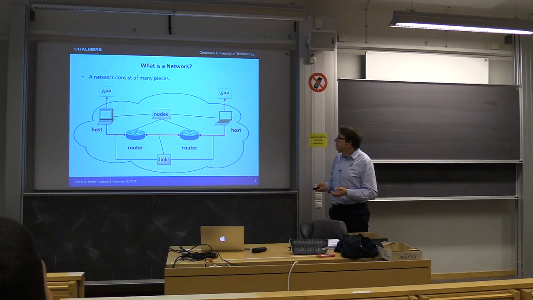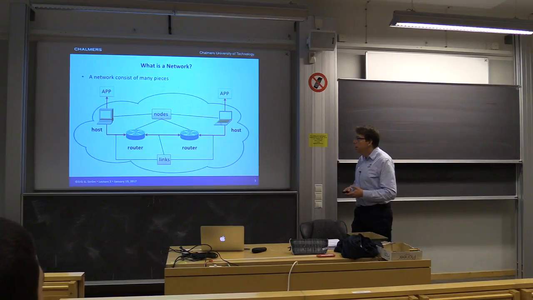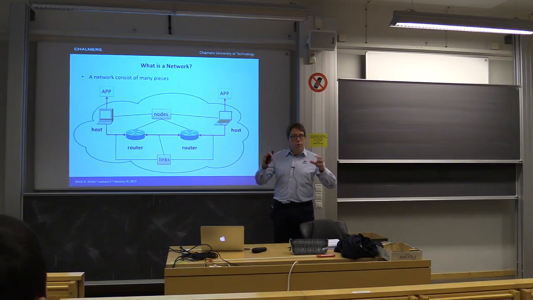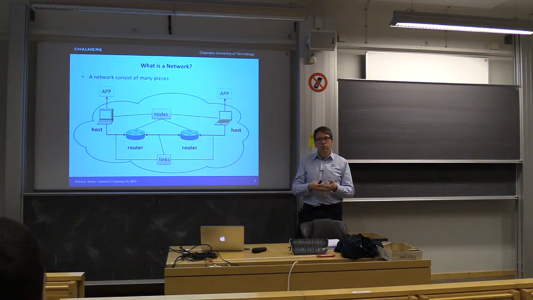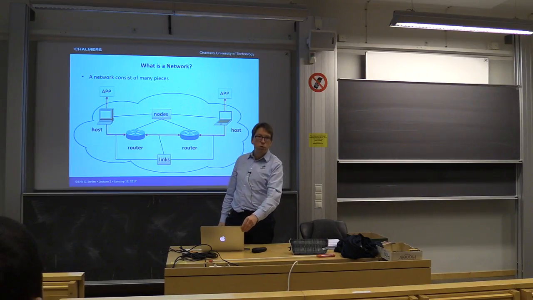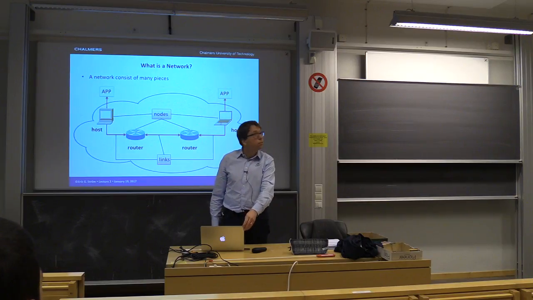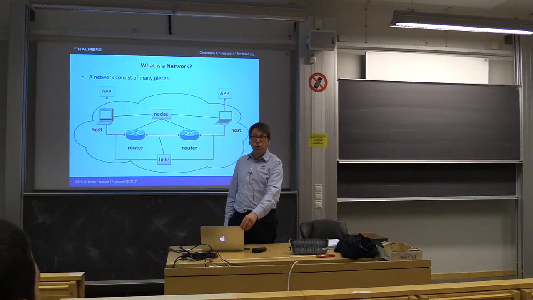Okay. So there are two types of nodes, those who are called hosts and those who are called routers. Hosts are those machines which are on the edge of the network that are running some type of software which is useful for the users. So for instance, my laptop here is a host, and I don't see it, but the access point to which I'm connected with Wi-Fi, that's a router.